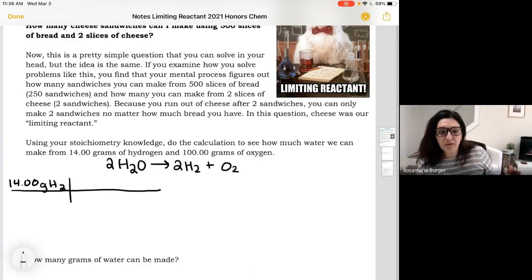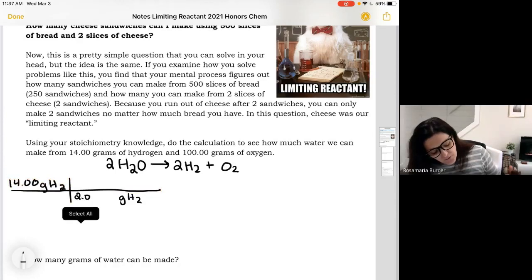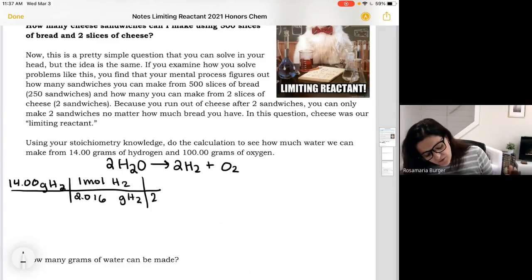First I'm going to get rid of grams of H2, so grams of H2 has to go down here. There are 2.016 grams of H2 in 1 mole of H2, and then for every 2 moles of H2, we get 2 moles of H2O.